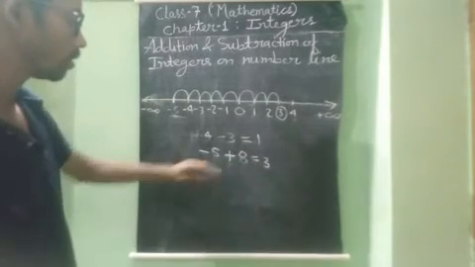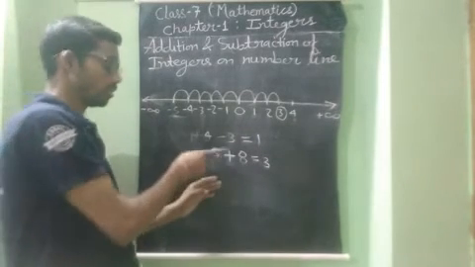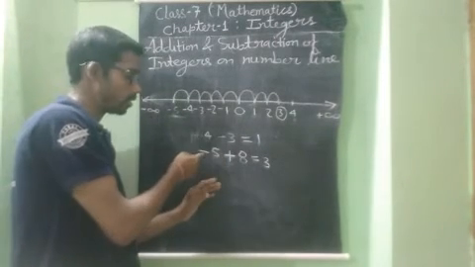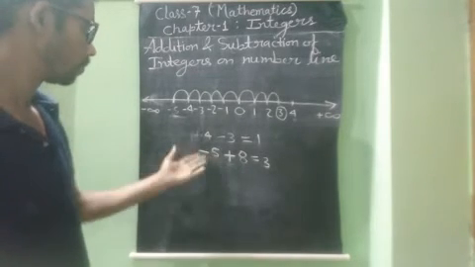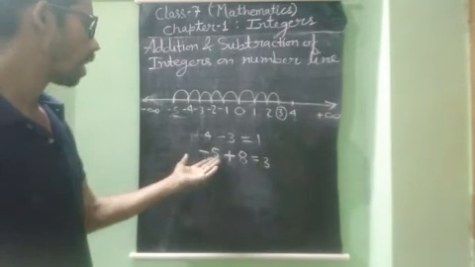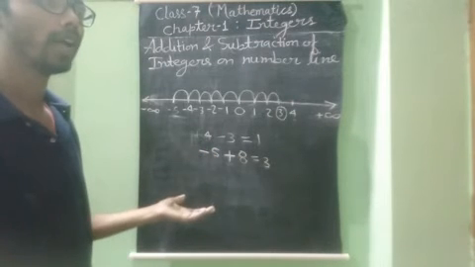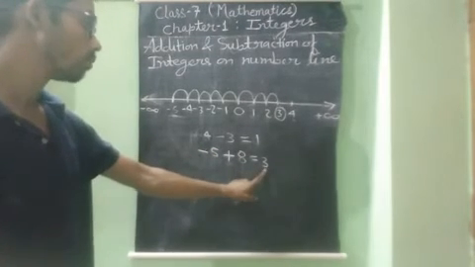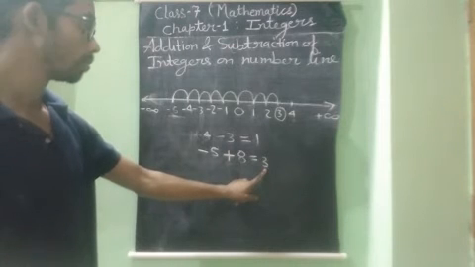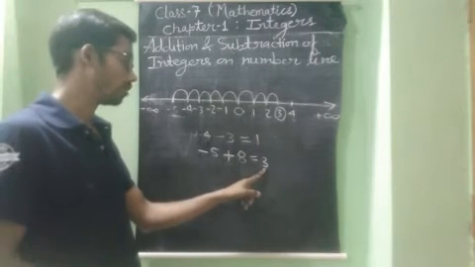Similarly, in this question, there is opposite sign. Here is minus and plus. So if you subtract 8 minus 5, then there is always 3. But 3 has which sign? Positive sign. Why?